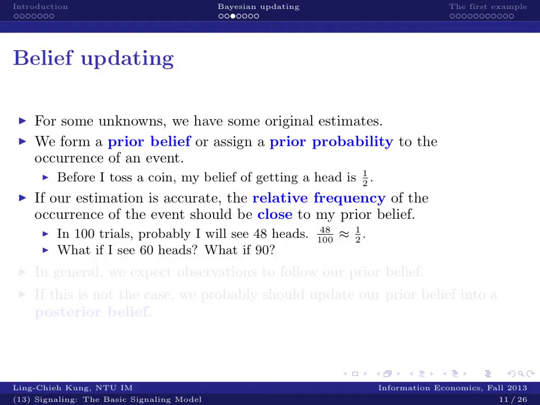I somehow would guess that this coin is not 100% fair. If I flip this 100 times and see 90 heads, then I have a very strong belief that this coin is not fair, because if the coin is really fair, the probability for me to see 90 heads out of 100 draws will be very small.